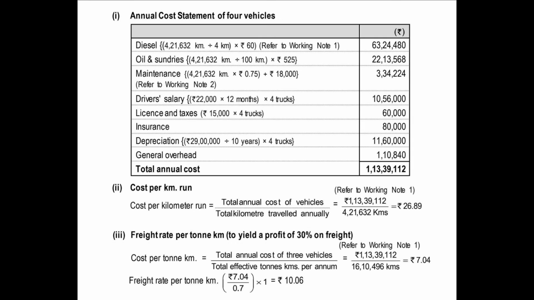Then we are moving to the final part of the question. We have to calculate what should be the freight rate so that the transport company can enjoy a 30% margin. The freight is not given in the problem. Cost we already have. In the problem itself it is given 30% on profit.